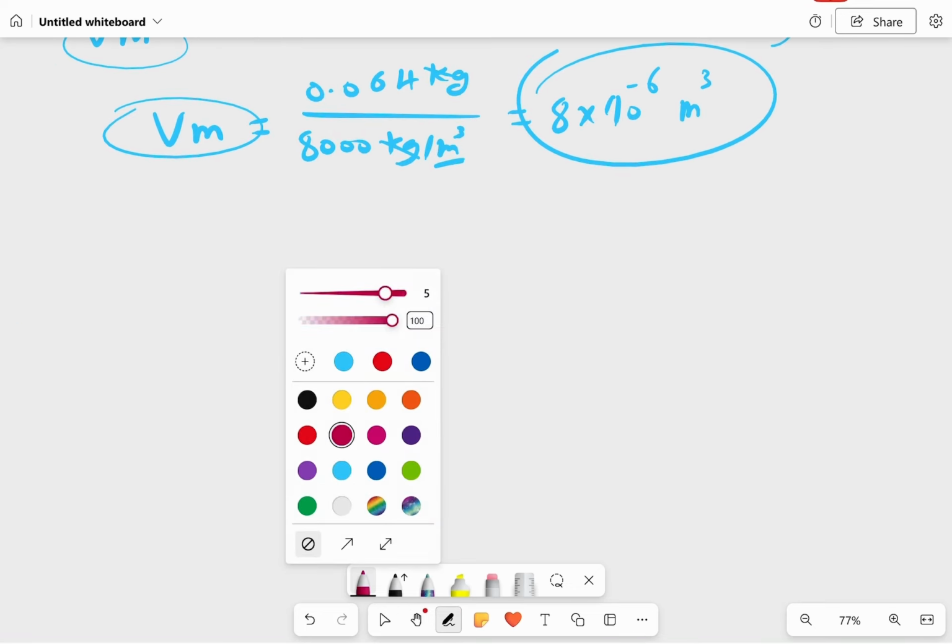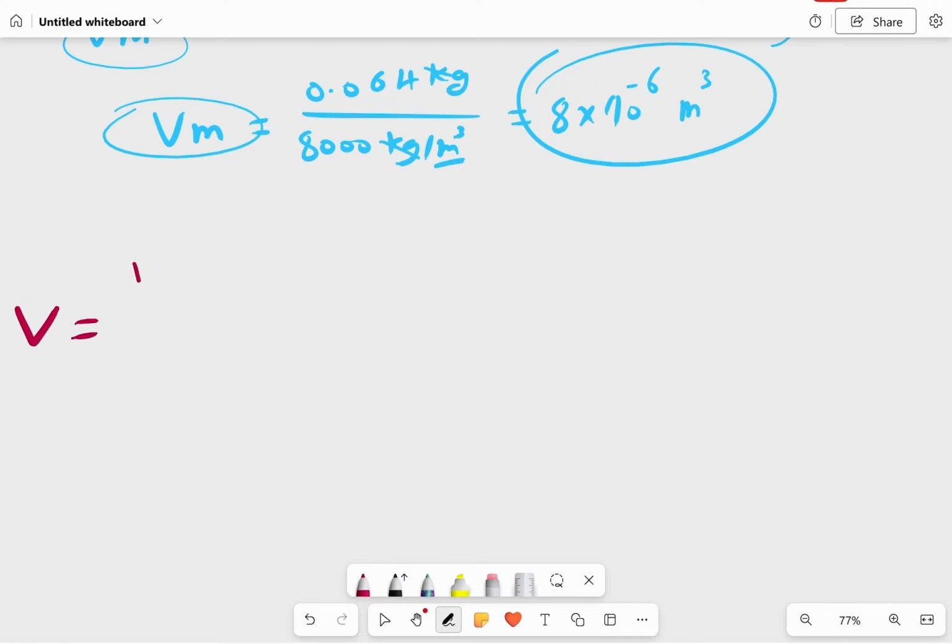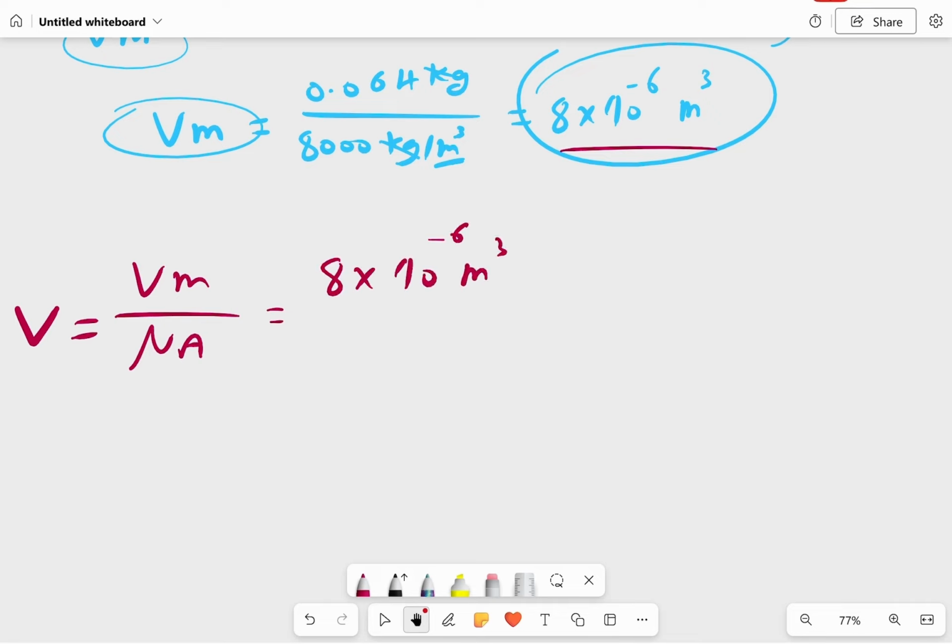You'll have volume of a single atom is equal to molar volume divided by Avogadro's number. You have this number, 8 times 10 to the power of minus 6 meter cubed, divided by Avogadro's number, 6.02 times 10 to the power of 23 mole inverse.